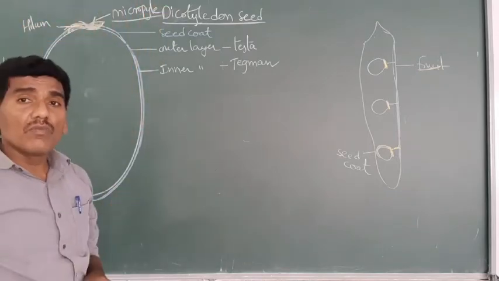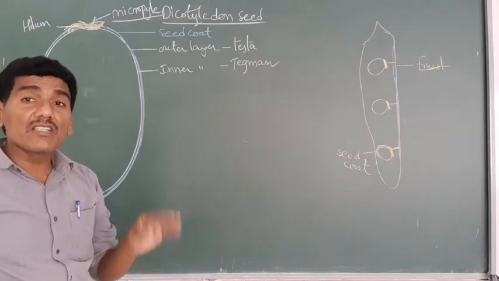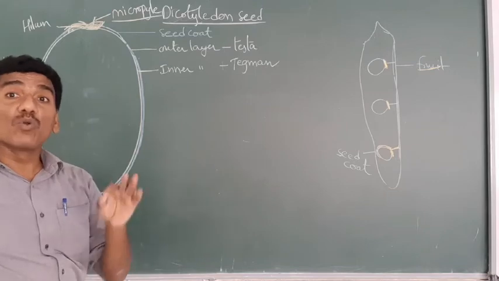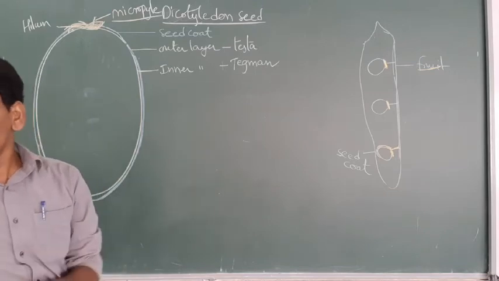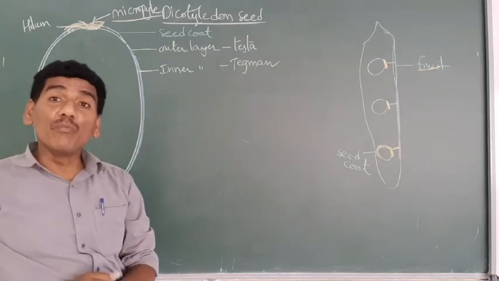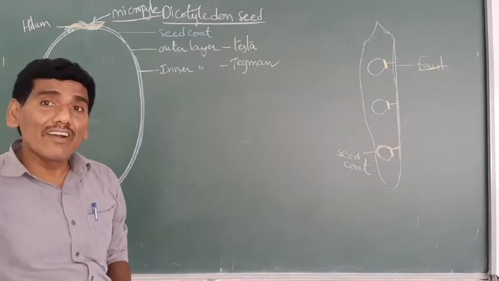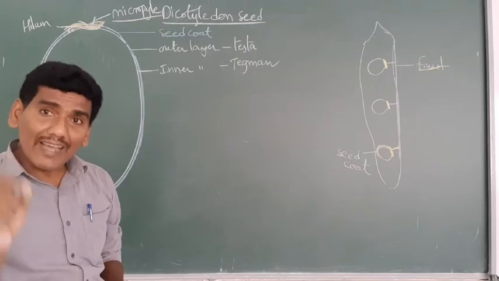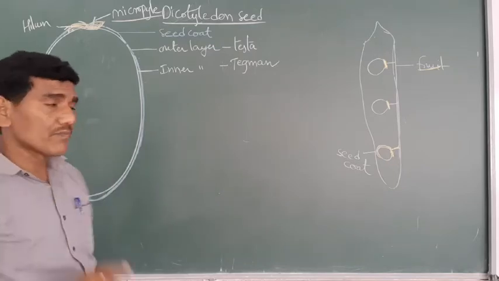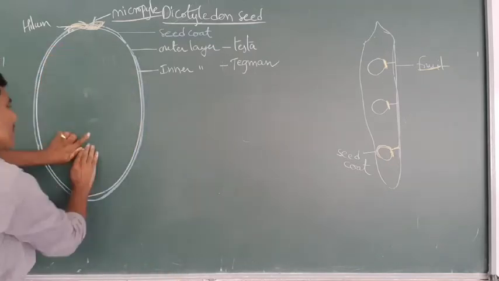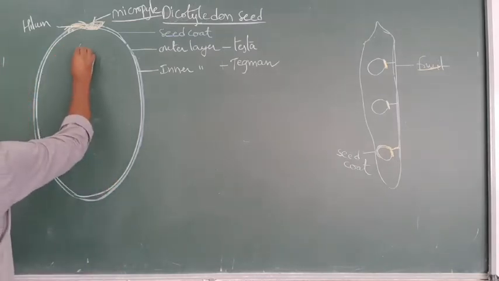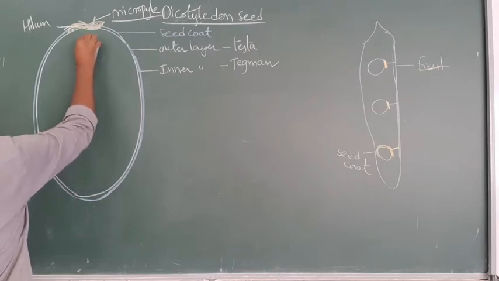Within the seed coat is the embryo, which consists of an embryonal axis, plumule, radicle, and cotyledons. For example, this is a seed, and within the seed coat is the embryo.